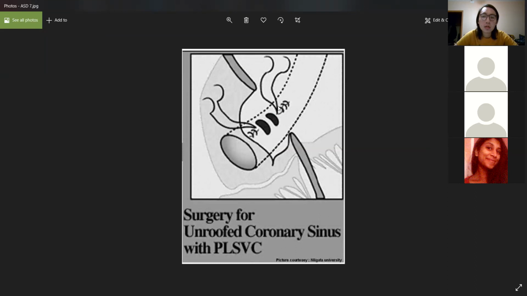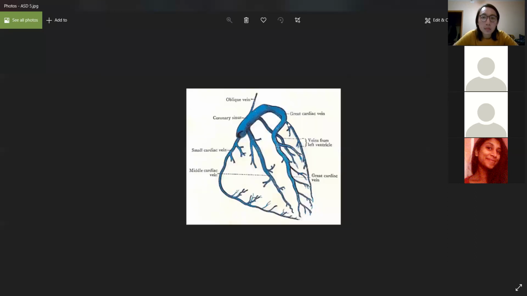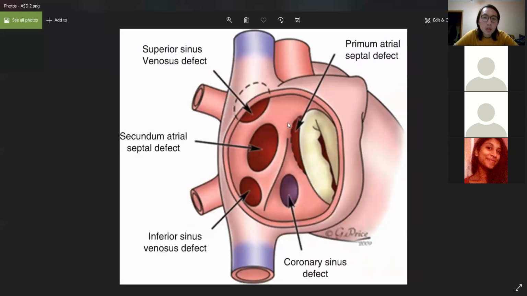This is the surgery: just close the holes, the fenestrations. Here, you see over here, this is the defect. Again, it accounts for less than 1%, so it's not really that common to see it. Clear? Any questions so far?